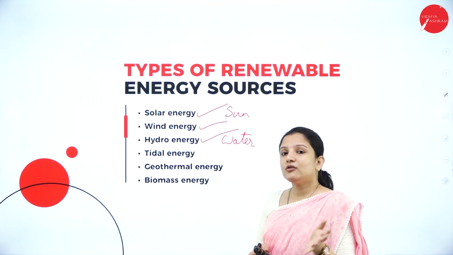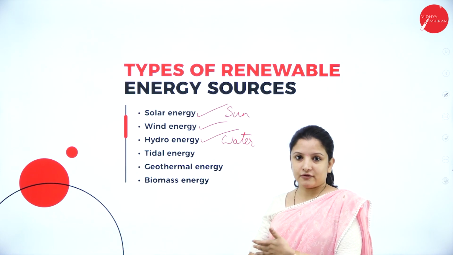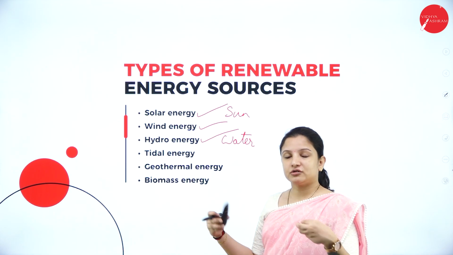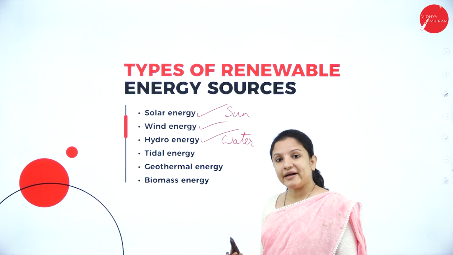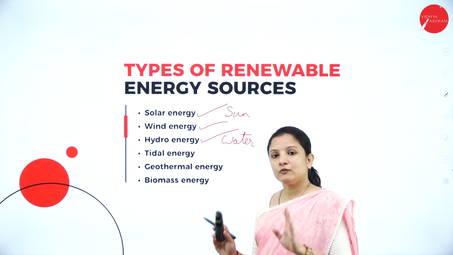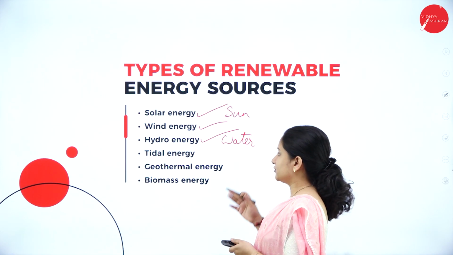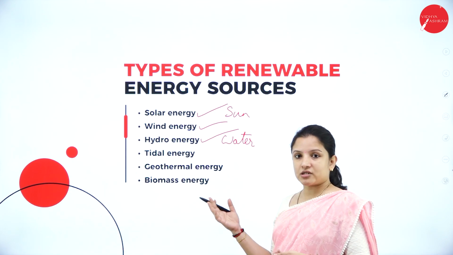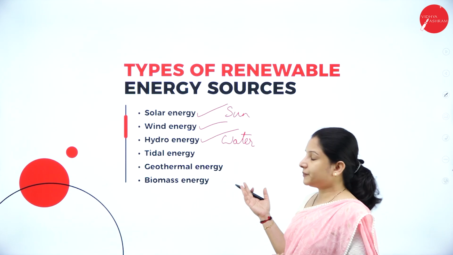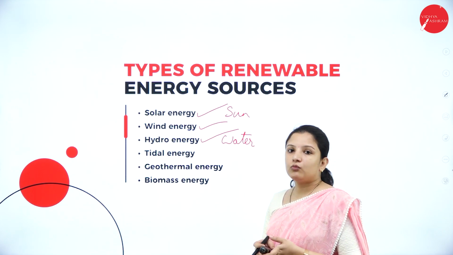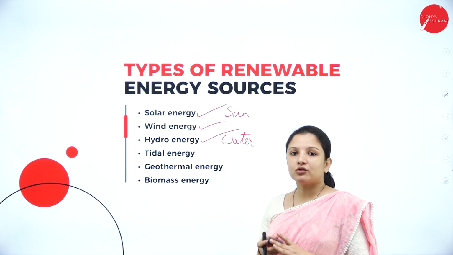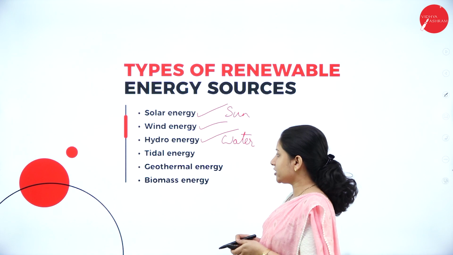It might, but not for certain years as of now. Maybe in the future, because of our human intervention, it might get exhausted. But as of now, water is a renewable resource. So electricity can be generated from water through hydropower plants, and therefore hydro energy is also one of the renewable energy resources.